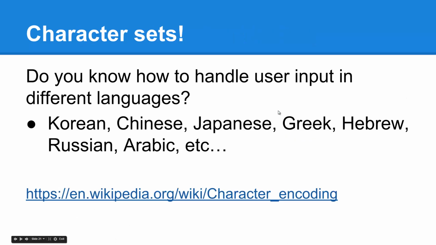Do you know how to develop an application that can handle user input in all sorts of different languages? Korean, Chinese, Arabic, Russian, etc.? Because I don't, and I would bet that the majority of programmers do not either. And it's an incredibly boring topic, and I don't want to get into it further. I just refer you to Wikipedia for further reading.